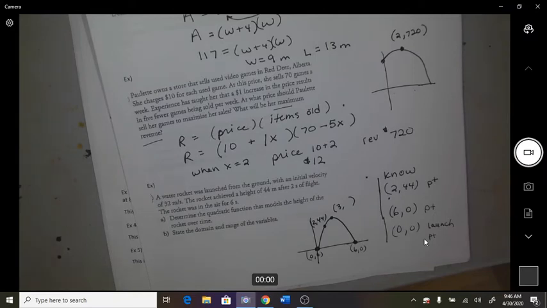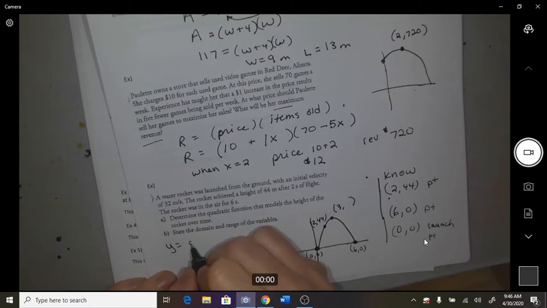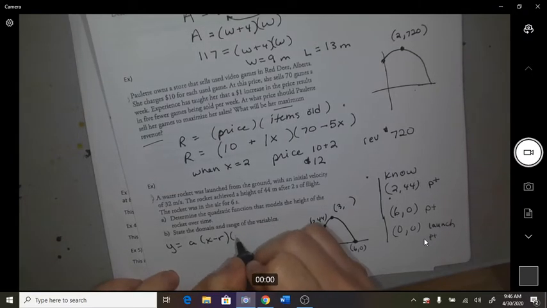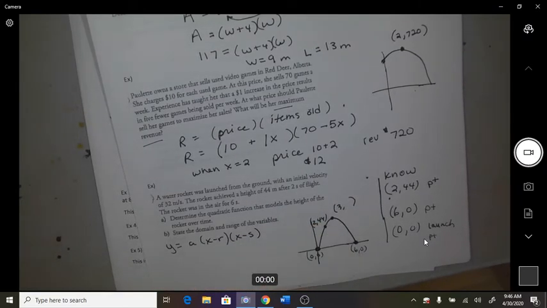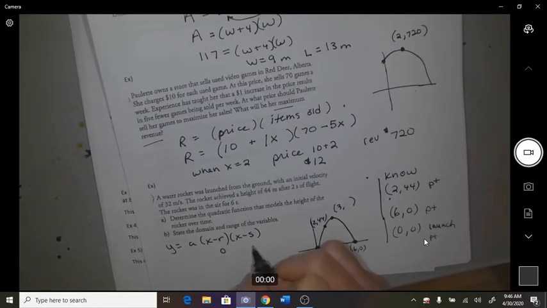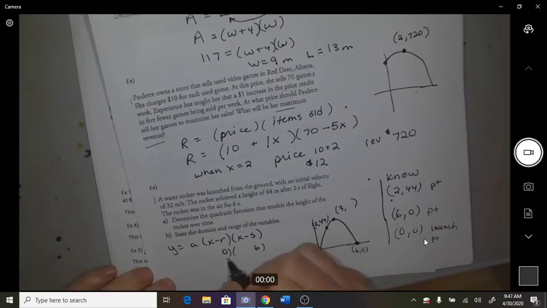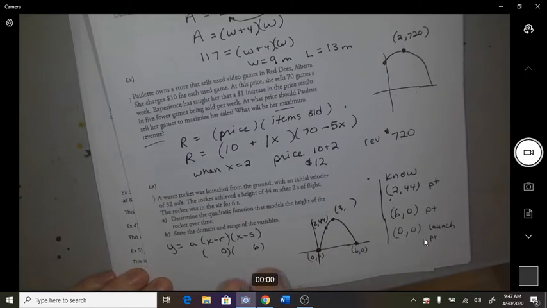So determine the equation. Okay, so y equals a, x minus r, x minus s. That's the factored form. So I'm going to put a 0 and a 6 in, because those are my intercepts.